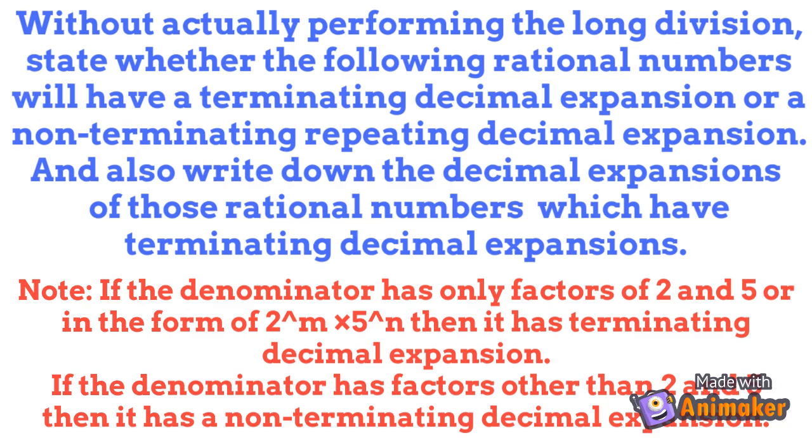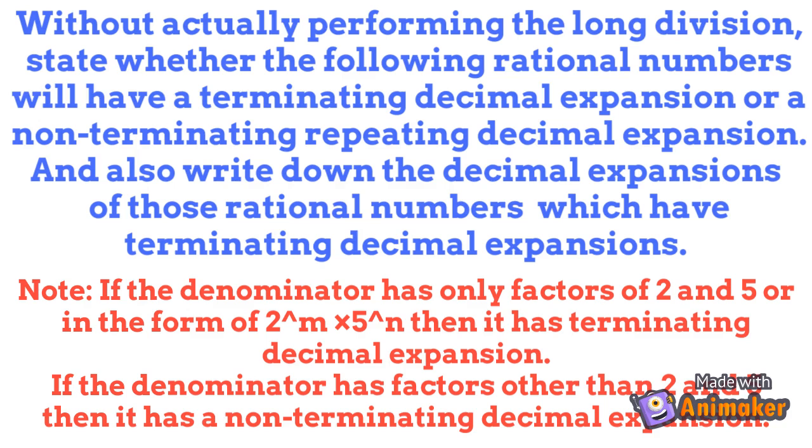You also note something: if the denominator has only factors of 2 and 5, or is in the form of 2 to the power m into 5 to the power n, then it is a terminating decimal expansion. And if the denominator is not in the form of factors of 2 and 5, then it is a non-terminating decimal number, or we can say an irrational number.